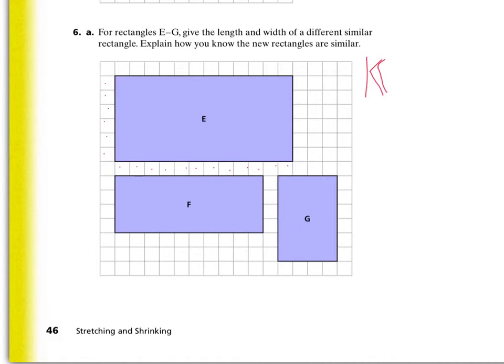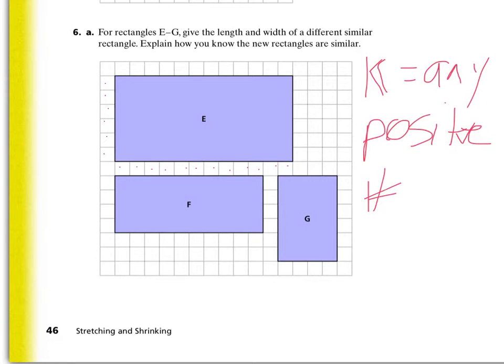is equal to any positive number, then we can just simply say that a similar rectangle for E is anything that is 12K by 6K.